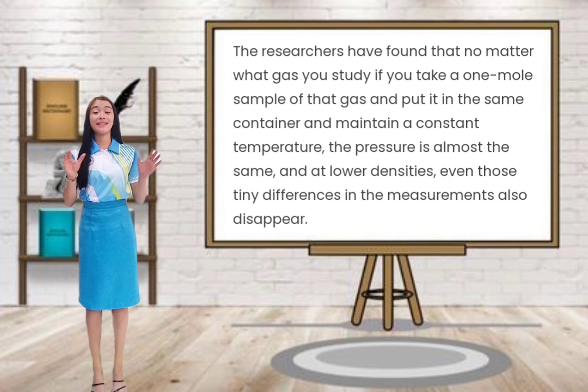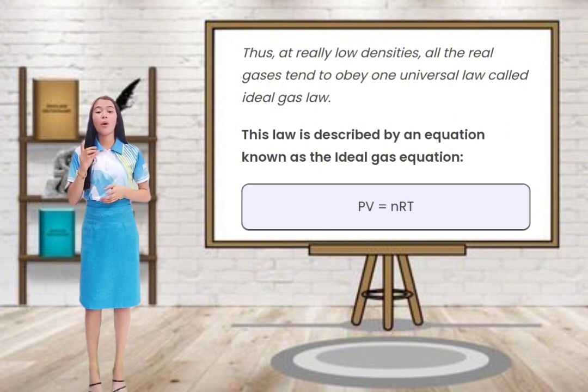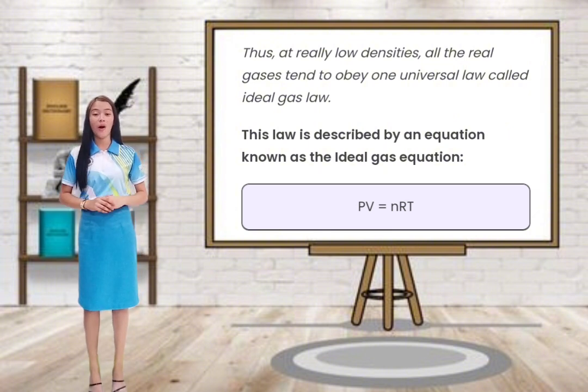And at lower densities, even those tiny differences in the measurements disappear. Thus, at really low densities, all real gases tend to obey one universal law called the ideal gas law.